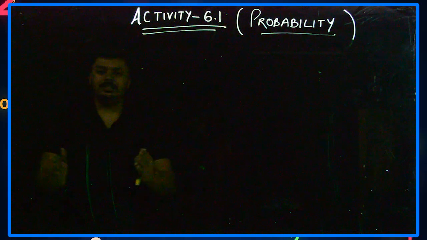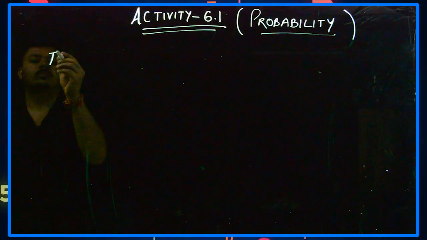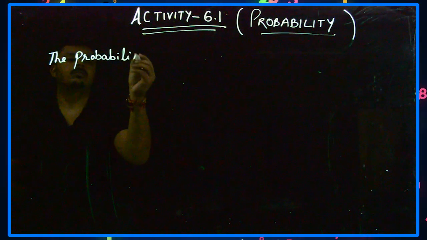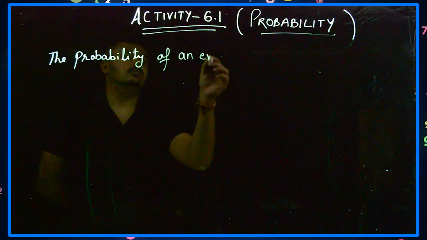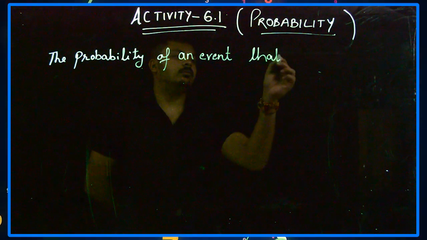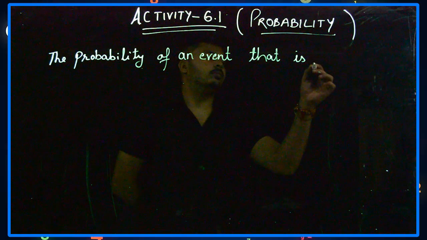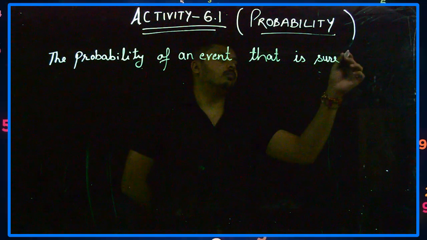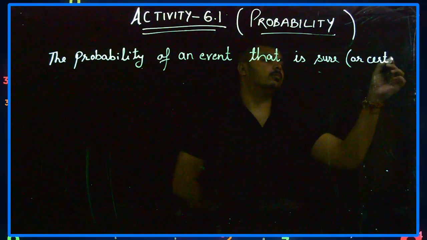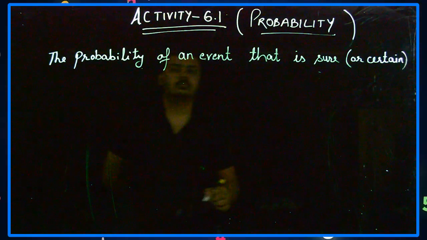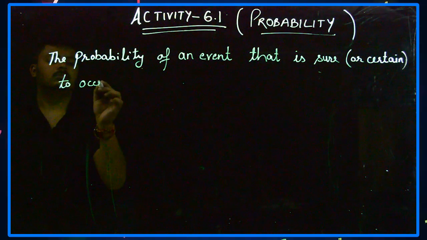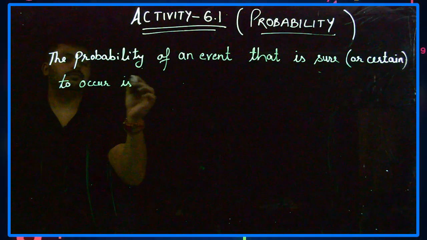So hello students, now let's start activity 6.1 probability. The probability of an event that is sure or certain to occur is 1.